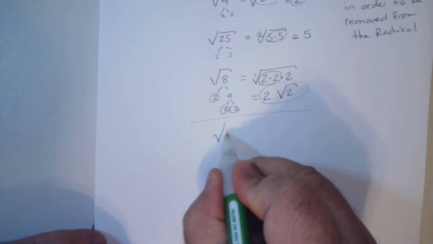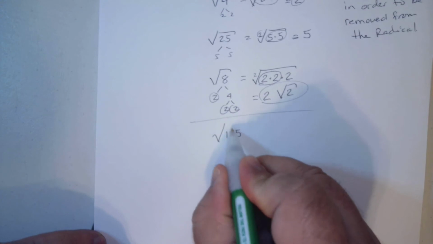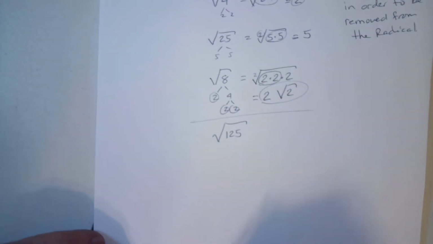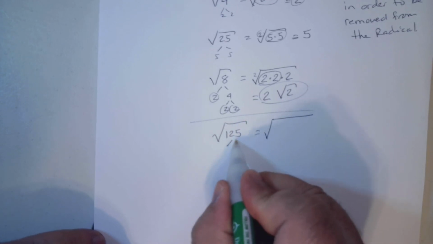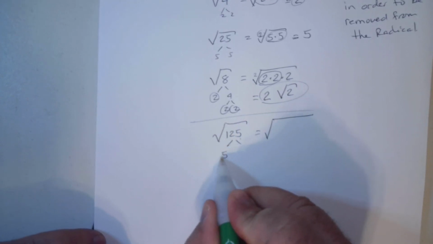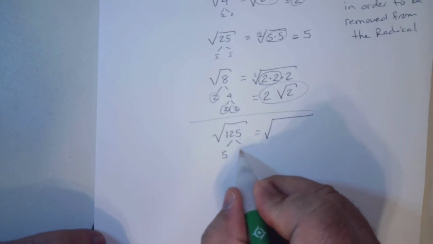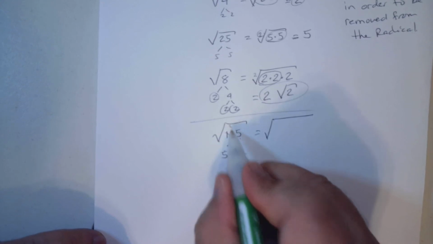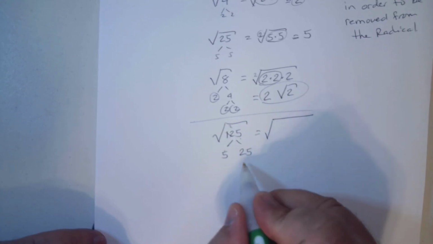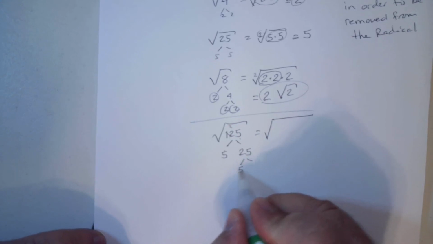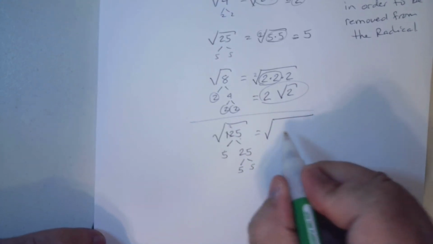Square root of 125. 5 goes into 12 2 times, with 2 left over. 5 goes into 25, 5. 25 is made up of 5 times 5.